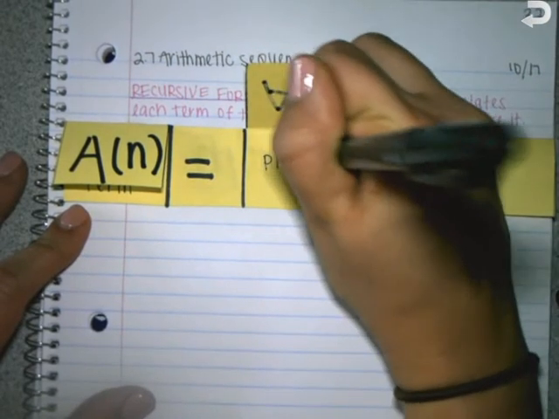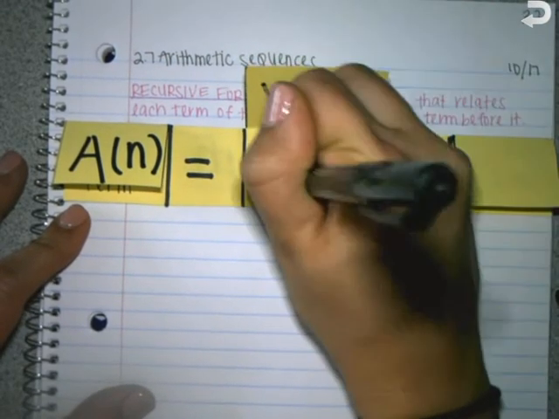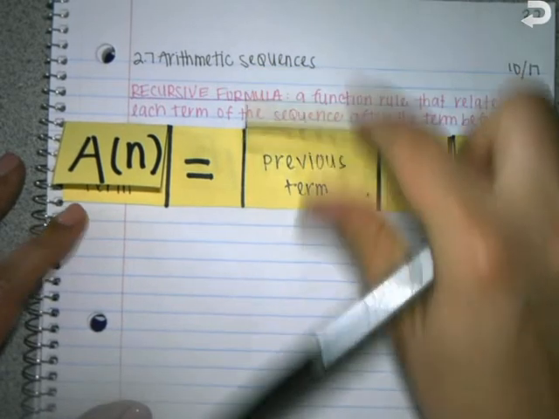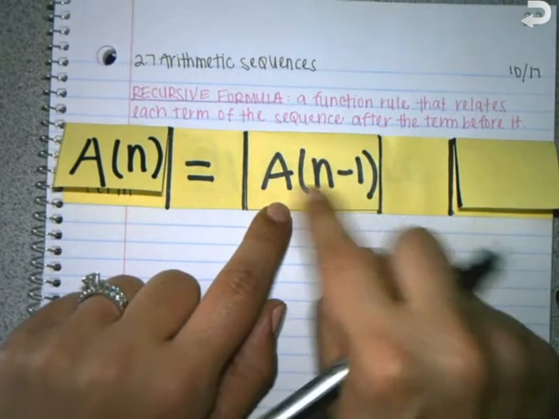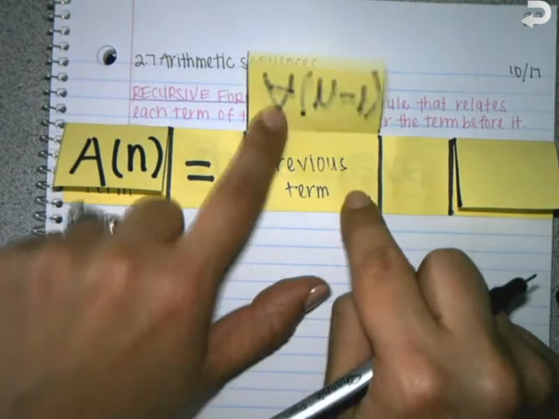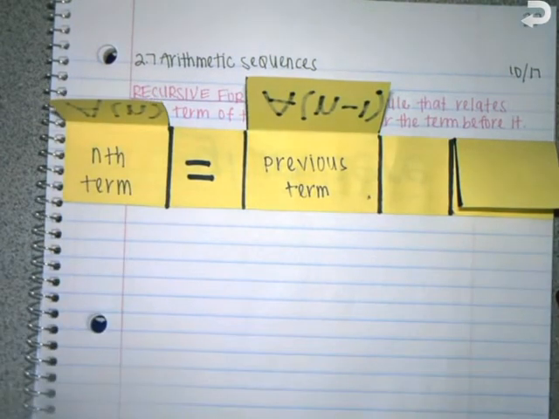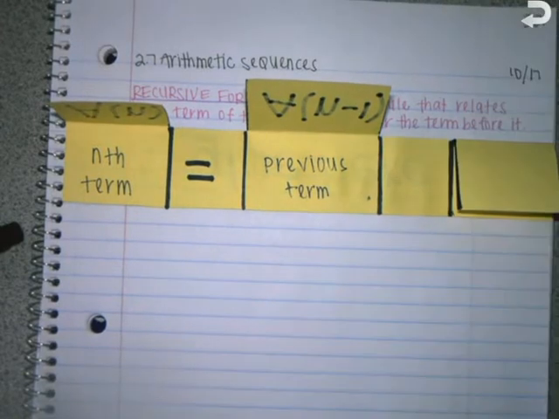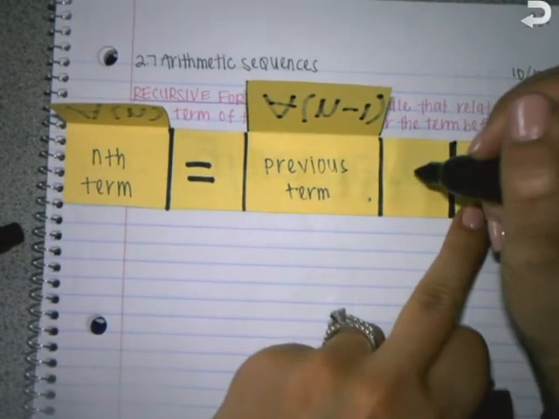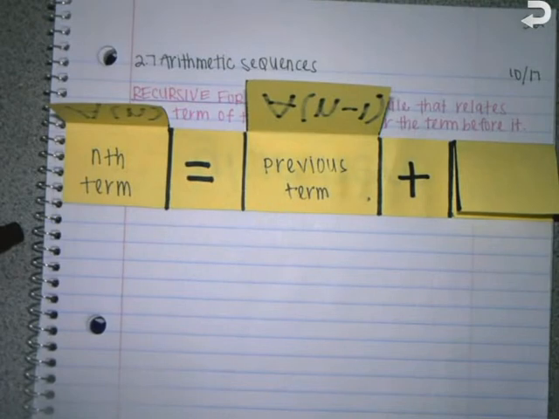It should make sense because we are looking at a recursive formula, and recursive means we take the term before the one we're looking for. It's plus the common difference, the number that we're adding each time.